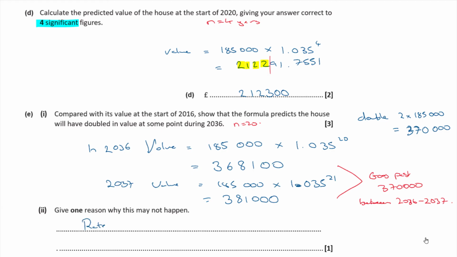It's the rate of increase may change due to economic factors during those 20 years. Okay, so the rate of increase may change due to economic factors during those 20 years. Sorry, my handwriting's so poor, I could barely read it myself.